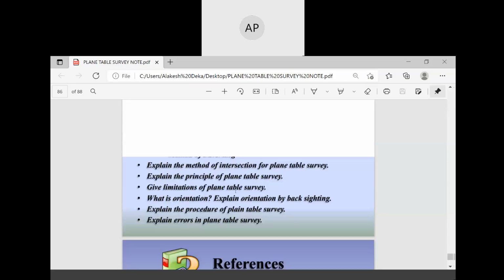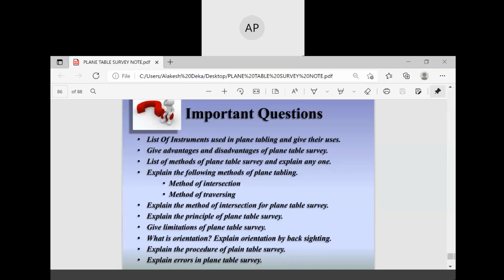Okay, so basically you have to give the exam in MCQ form, that is, the questions will come in objective form, so there are no subjective questions in your final semester. Only MCQ you have to solve and practice.